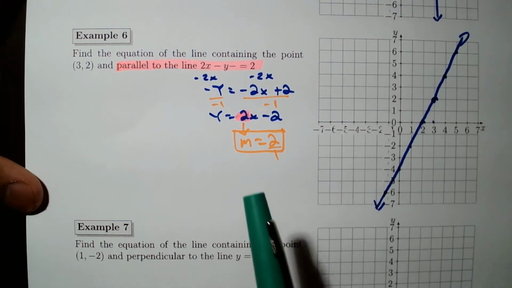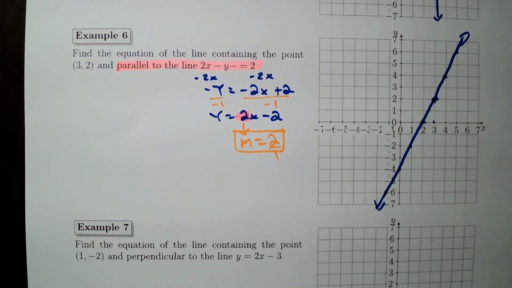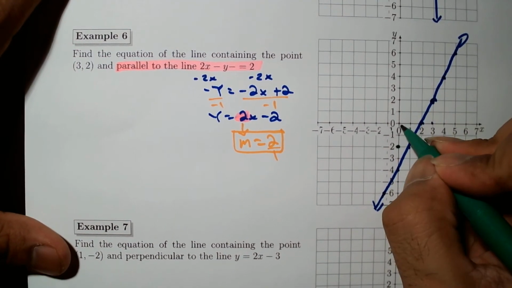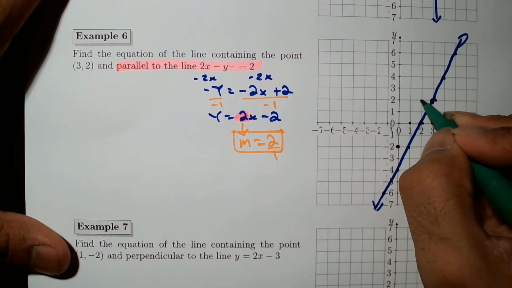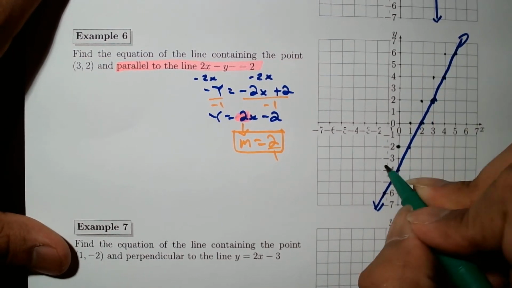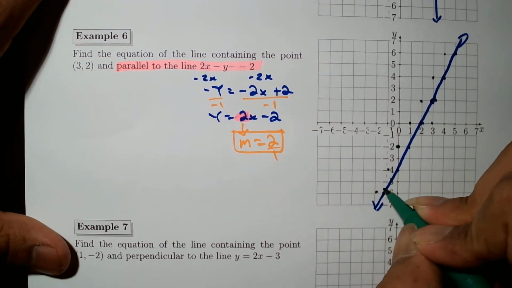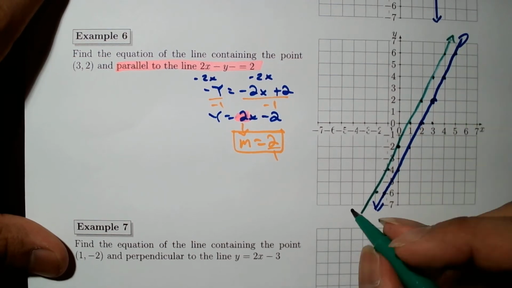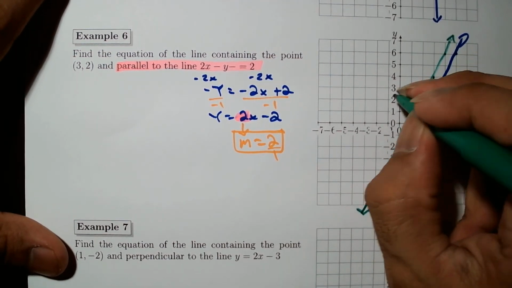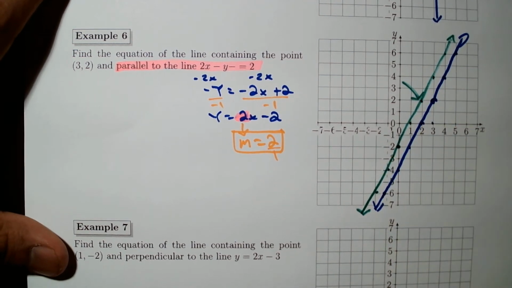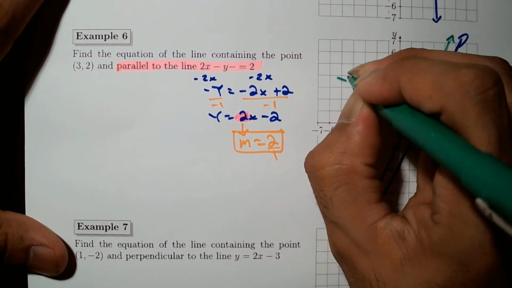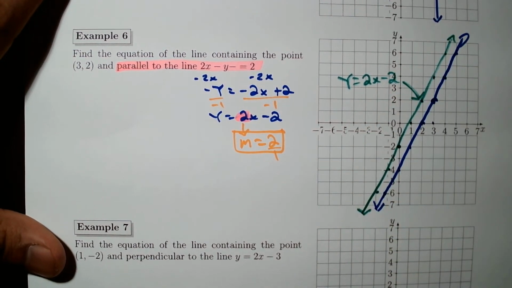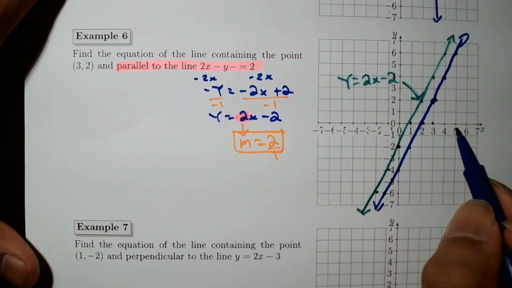We were given the line y = 2x - 2. Notice how these two lines are parallel. This green line corresponds to y equals 2x minus 2, whilst for this line we are going to find out what that is.